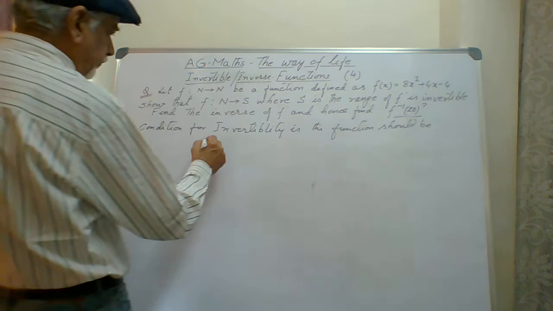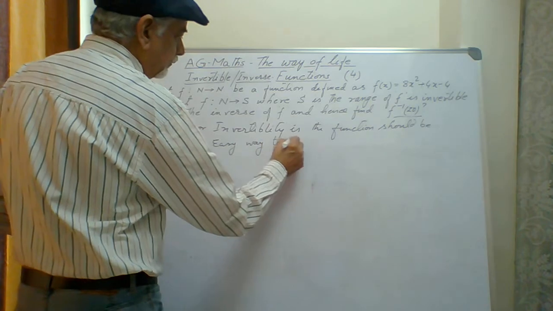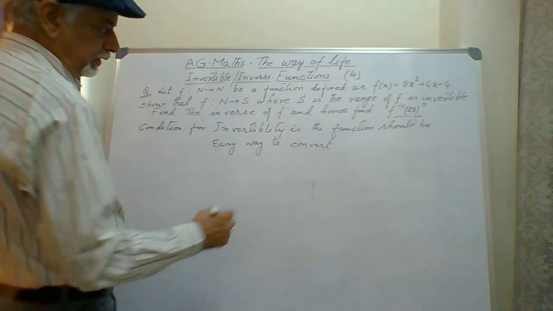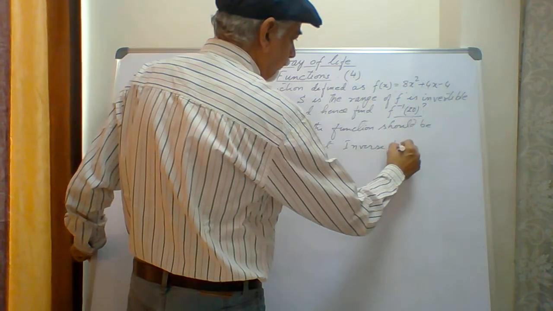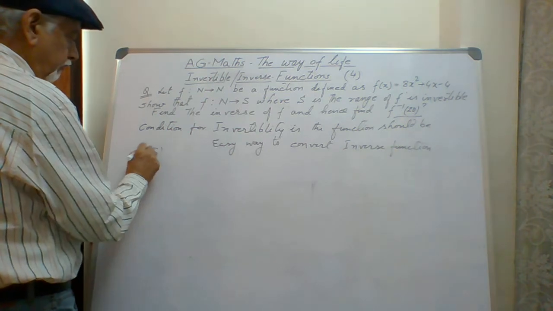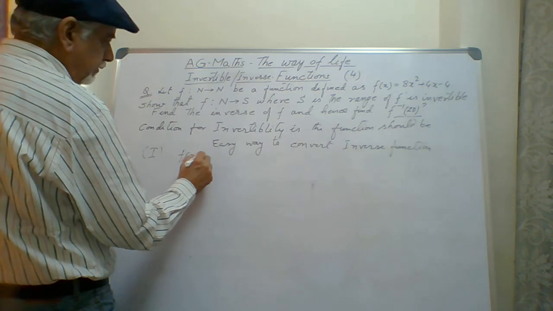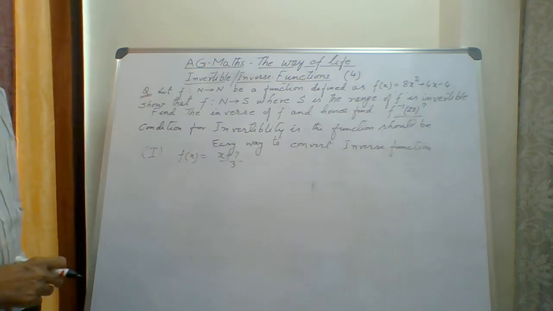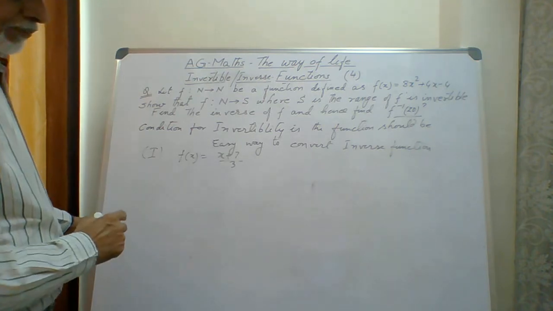Easy way to convert to the inverse function. Step number 1: suppose you have got a function f of x is equal to x plus 7 over 3. This is a function which is given to us. Now we'll write the first step as y is equal to f of x.